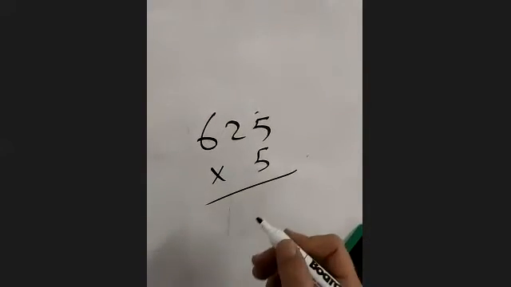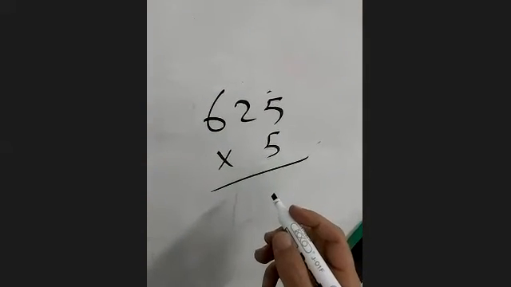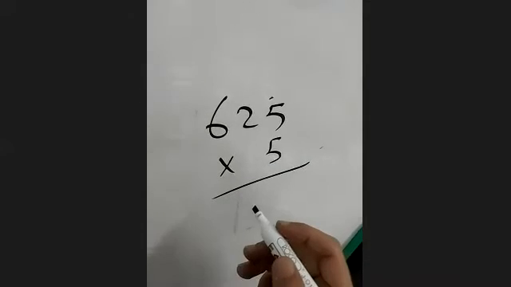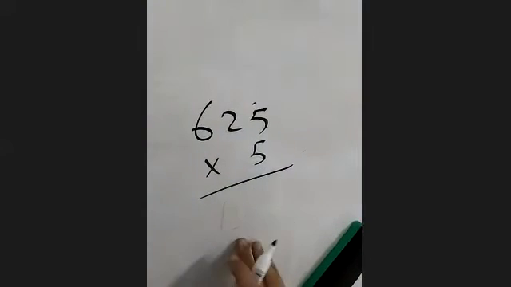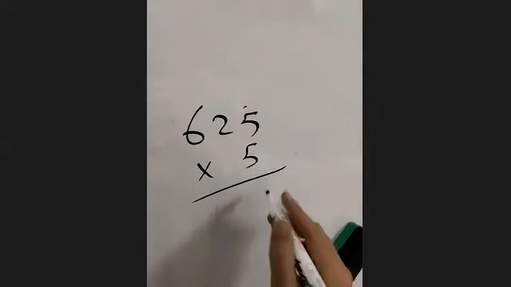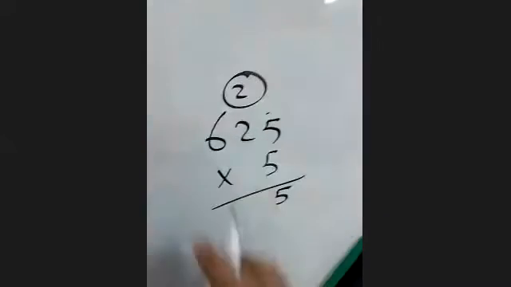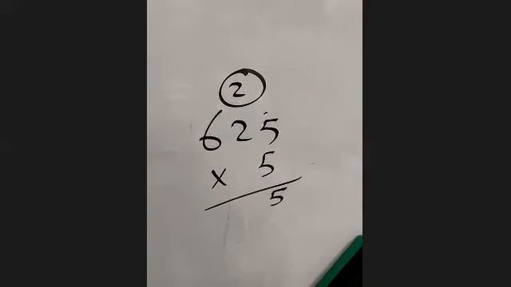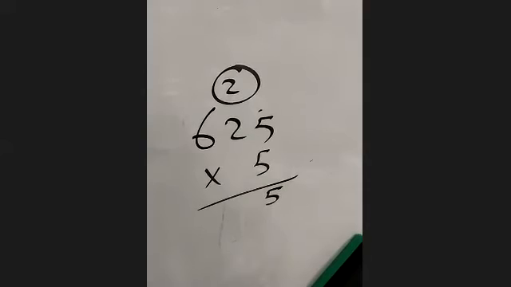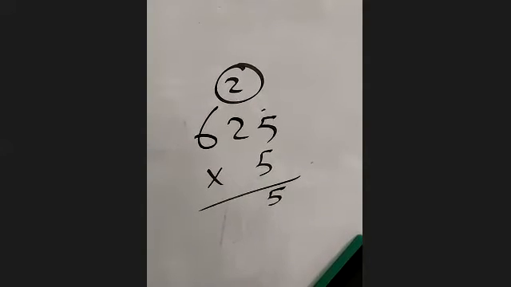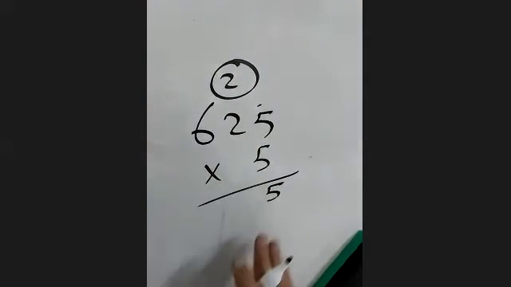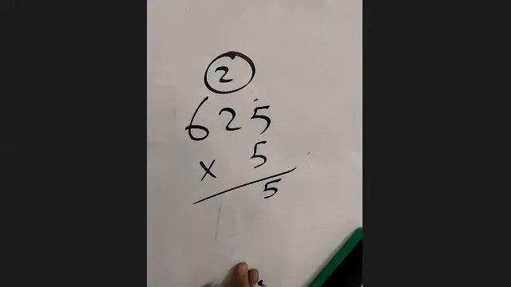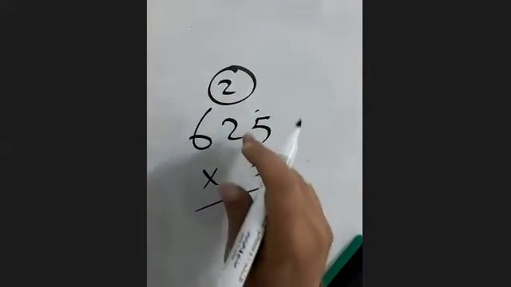Mister, I just multiplied and I think the answer is 3,125. Let's check the answer together. 5 multiply 5 is 25. 5 down, 2 up. Then 5 multiply 2 is 10, plus 2, 12. 2 down, 1 up.